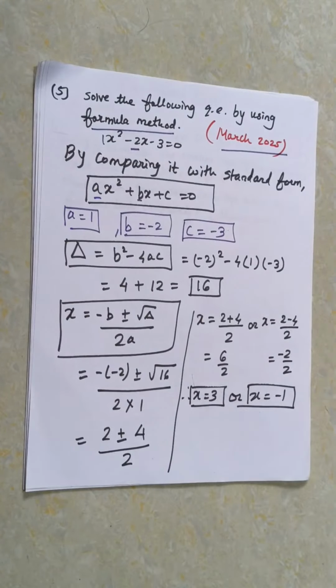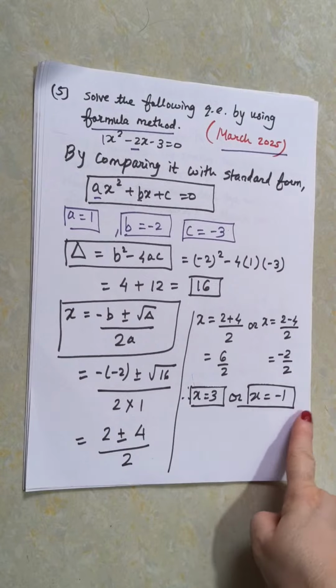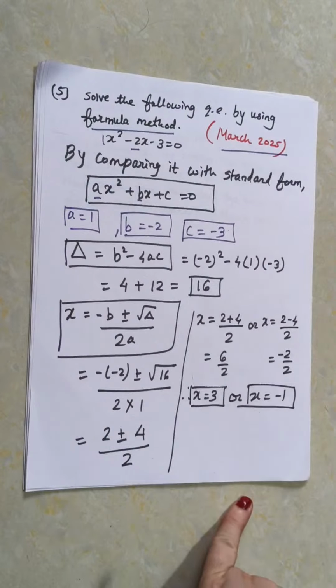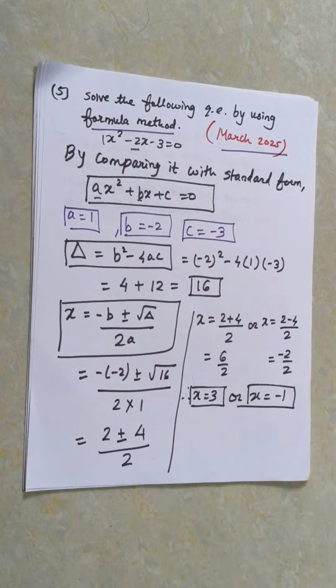And thus I got both the answers, x is equal to 3 or x is equal to negative 1. Did everybody understand today's all 7 sums which I covered in exactly 30 minutes? So in 30 minutes I have solved 7 sums. This is the way you have to solve in your board paper.